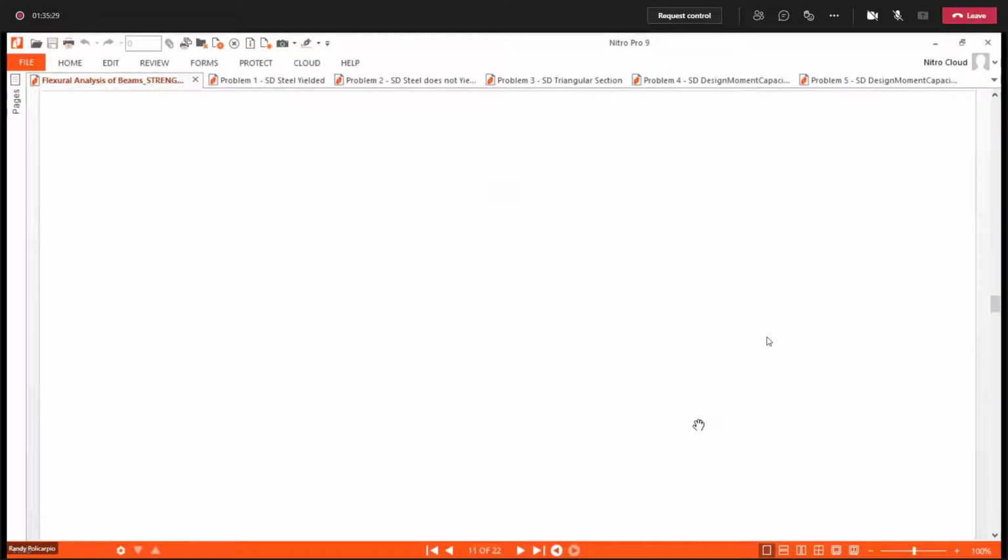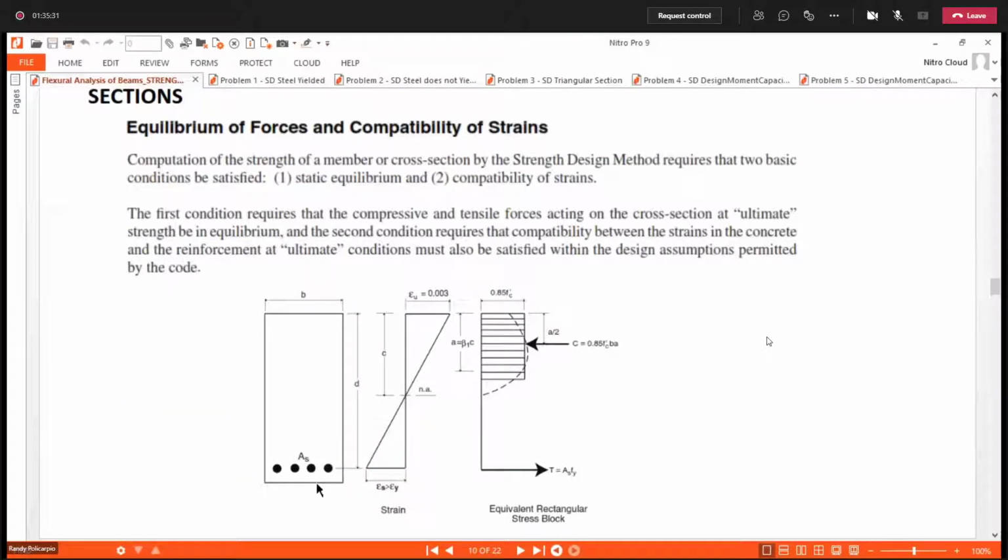So yun yung ating compressive force. Now, reinforcement, the tensile force is equal to AS Fy if our strain in our steel is greater than or equal to epsilon y. Pero kapag less than, Fs yun. Nagkataon dito sa diagram natin, pinakita dito na merong condition kung bakit Fy yun.